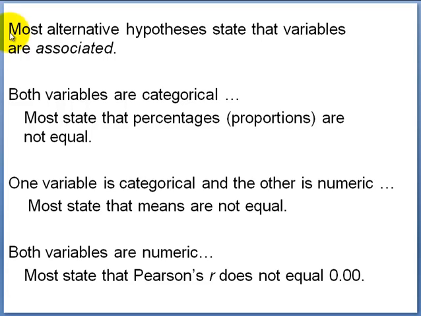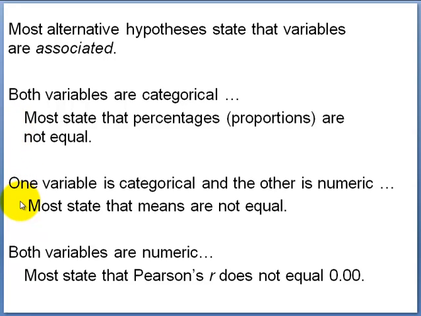You've just had a look at some hypothesis pairs, so let's summarize what the alternative states for different types of variables. For two categorical variables, the alternative is typically stating that percentages are not equal. So for instance, with our pregnancy prevention example, it stated that the percentages who become pregnant in programs A and B are not equal.